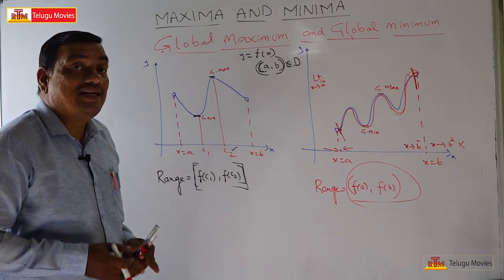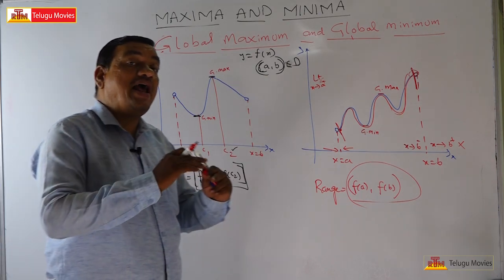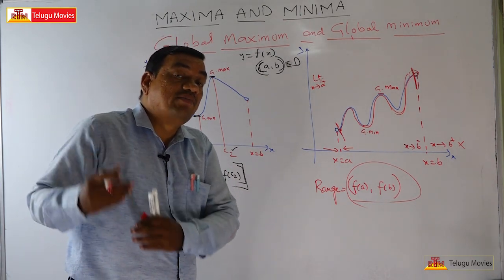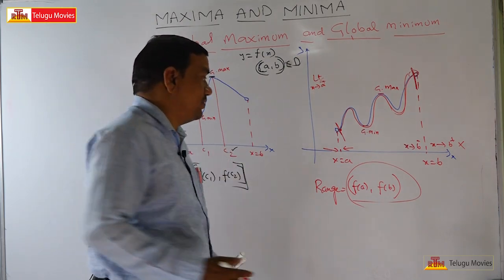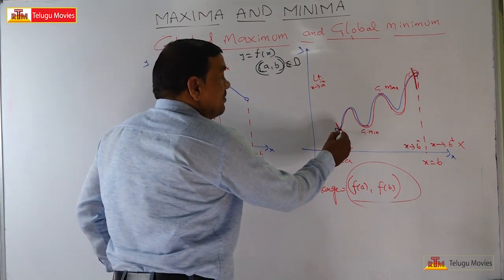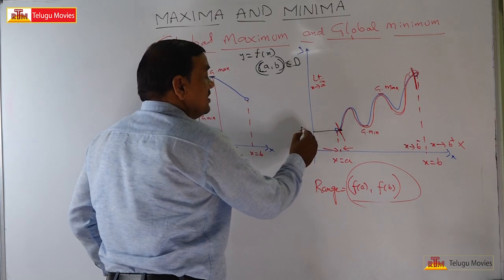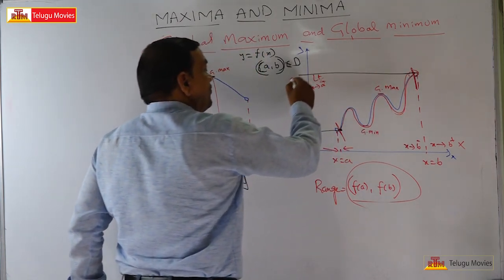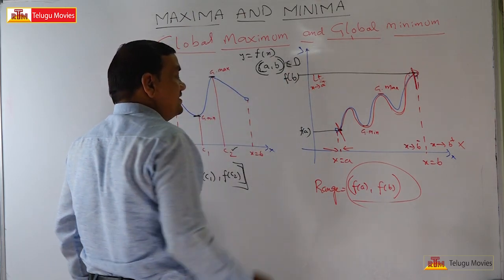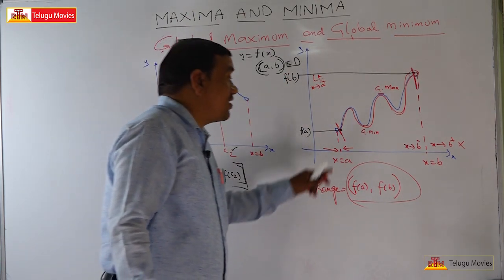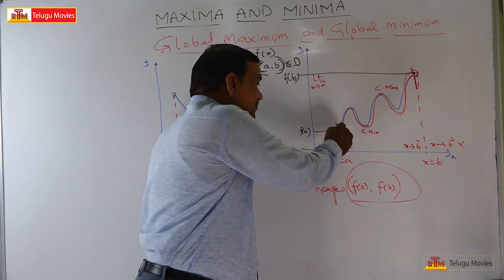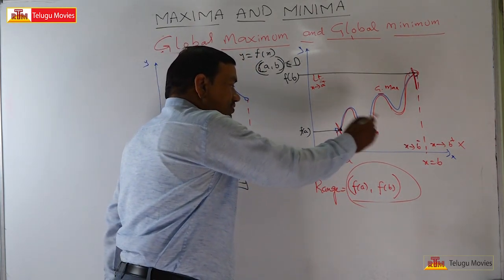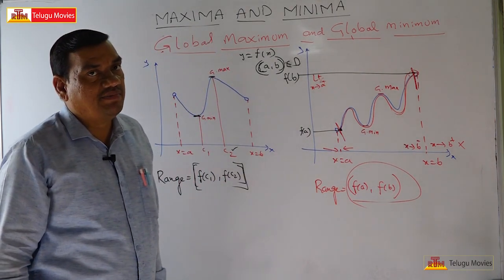Why? Because range means what? For all x belonging to the domain, the minimum value and maximum value of f of x. Here we will get the minimum value, so f of a will be the minimum, and here f of b will be the maximum. But we are not taking the f of a value itself, because we don't have the left hand side limit there.